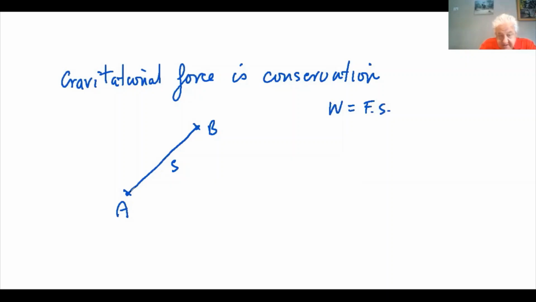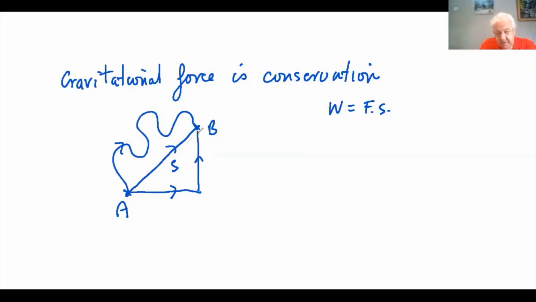Now the point is this, that if I go from A to B by this other path, the work done is exactly the same. Or if I go like this, the work done is the same.